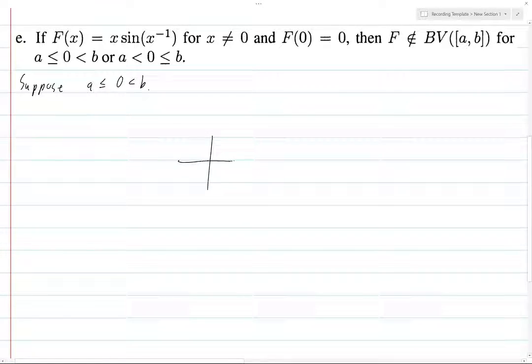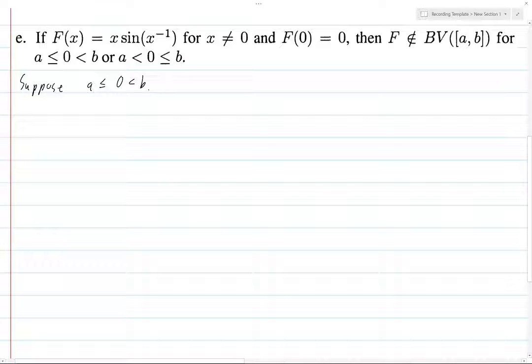It's going to look something like this and this, but reflective across here. And anyway, the point is that if we prove it for one of these intervals, then it looks exactly the same reflected, and so you can just say, by symmetry, the result holds for the other interval.